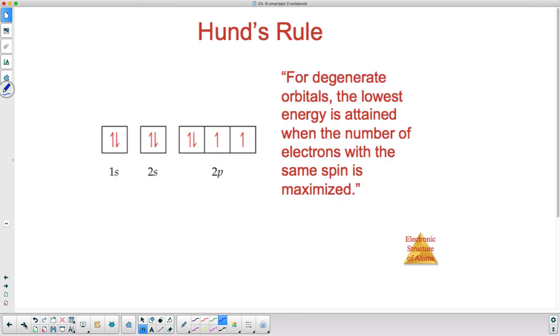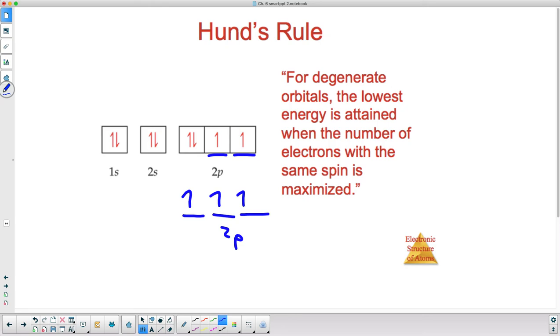Okay, so Hund's rule says that electrons, notice the 2 here in 2p, there and there, will split up because they repel each other. Remember that electrons repel. So if I have 3 orbitals in my 2p, but I only have 3 electrons, they will spread out first. That means that they stay as far apart from each other as possible.